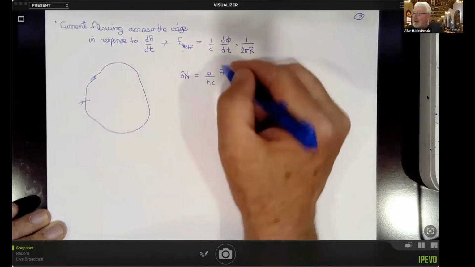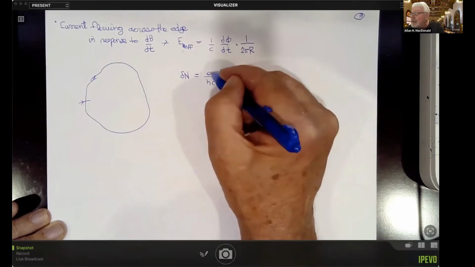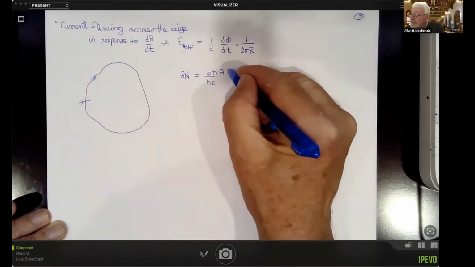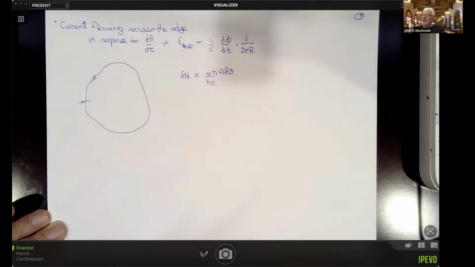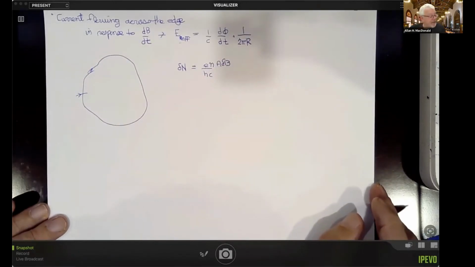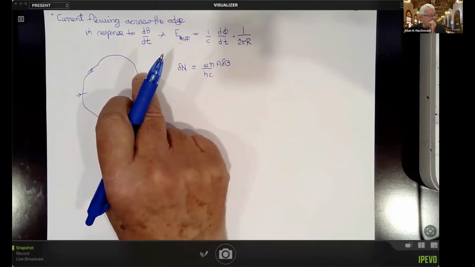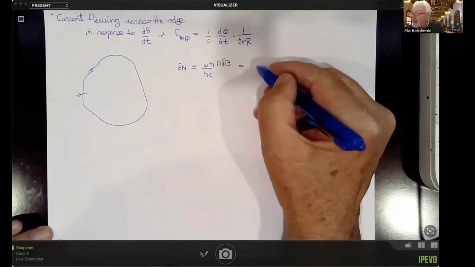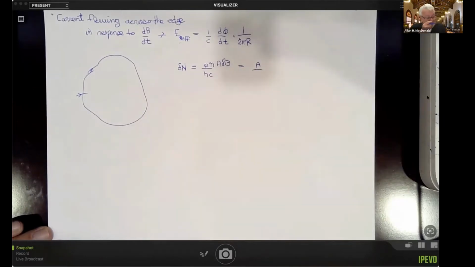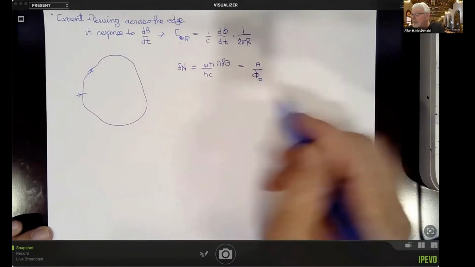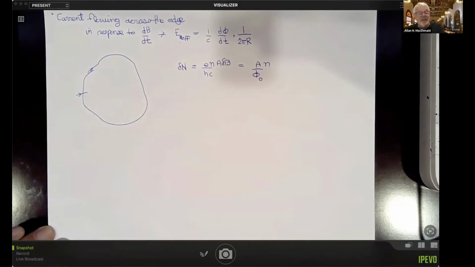This is for times the quantized Hall conductance N times B, times, let's say, if it's a change in field, then the change in field is given by this expression, which I can write as A over magnetic flux quantum times the Hall conductance integer.